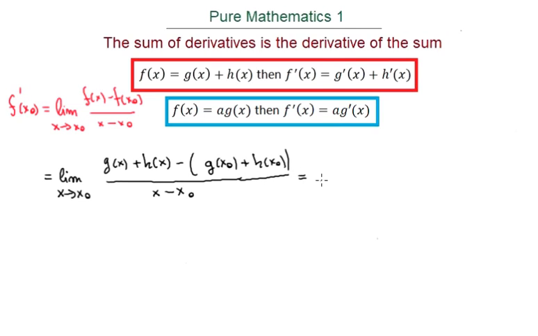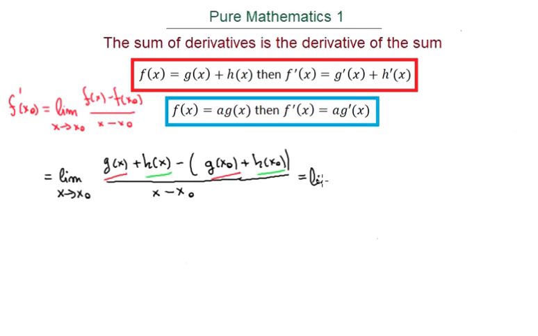Now this is then equal to, we will regroup the terms. We will put g of x next to g of x0 and h of x next to h of x0.